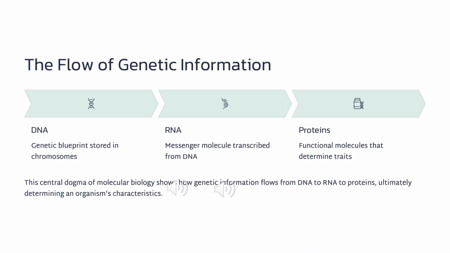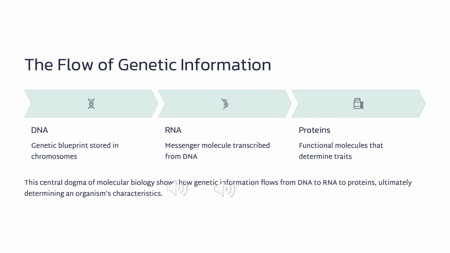So if you look at the flow of the genetic information, it starts with DNA, where the genetic blueprint is stored in chromosomes.